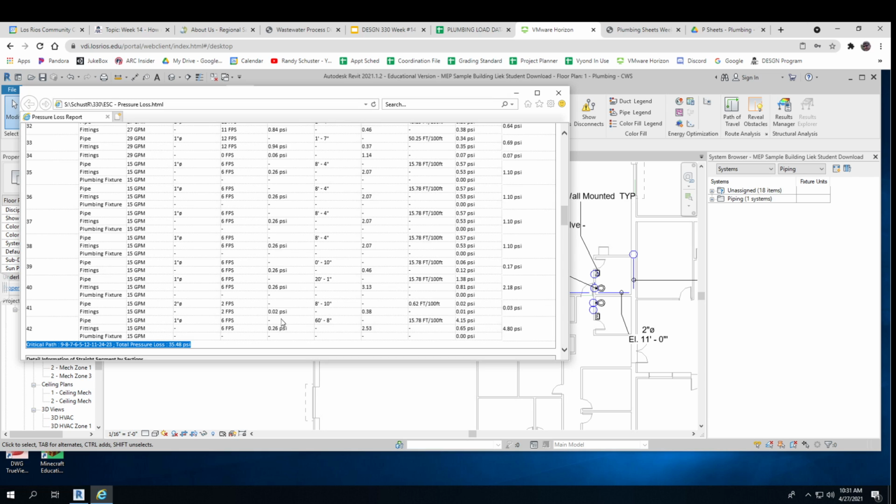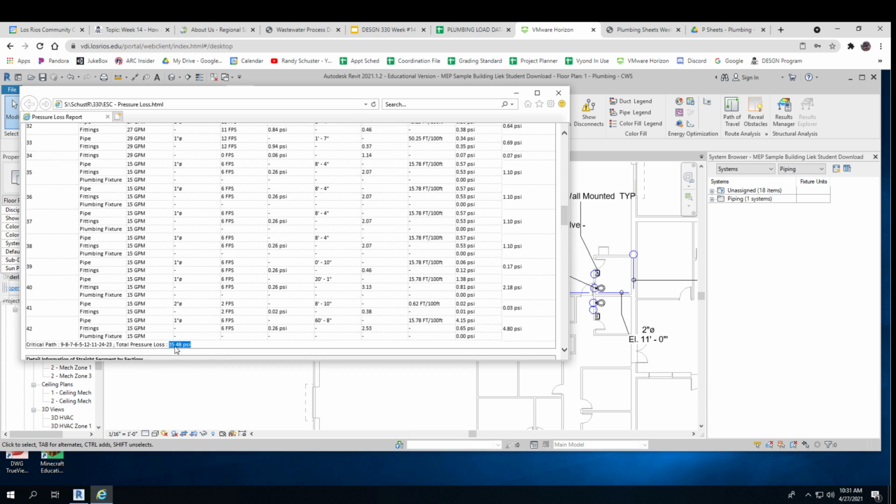But flush valves also use very, very little water to flush big chunks. So flush valves are really good in one way, but they're really hard on your system in another way. They're really good for saving water, but they're really hard on your pressure loss. So we just need to make sure that we've sized things right.